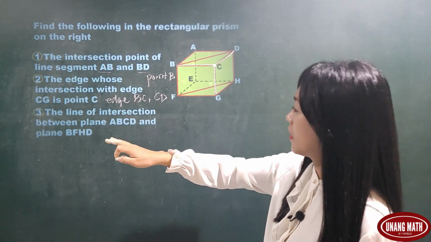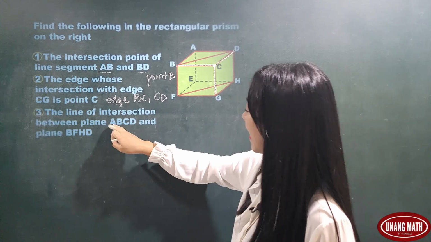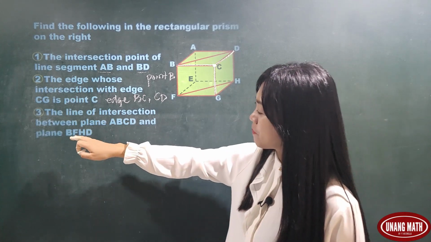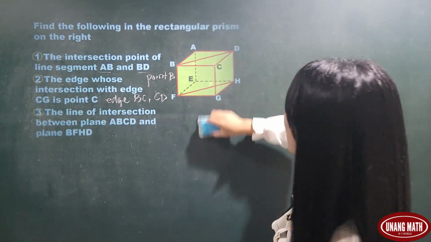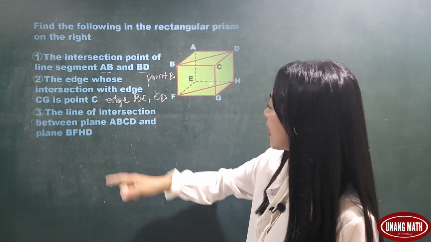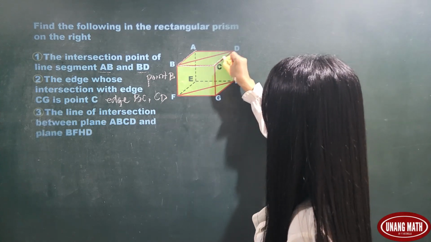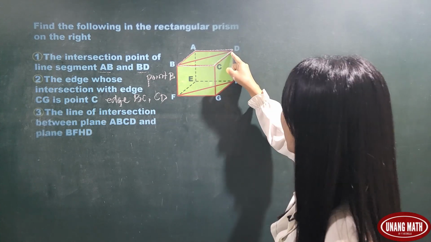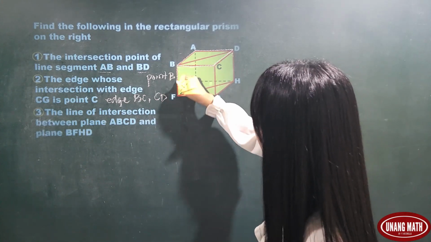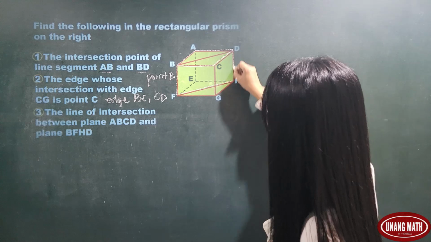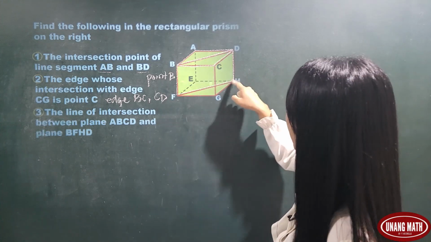What about number 3? The line of intersection between plane ABCD and plane BFHD. Let's draw where plane ABCD is. So this is plane ABCD. What about BFHD? So this is the plane BFHD.